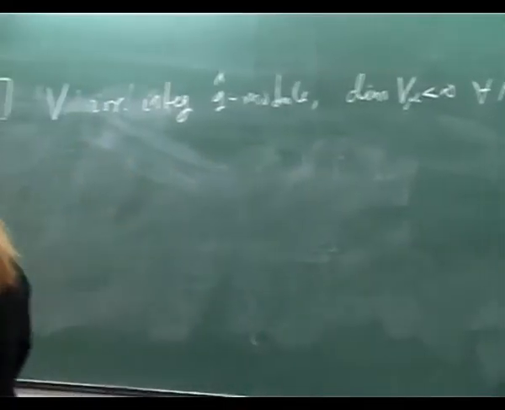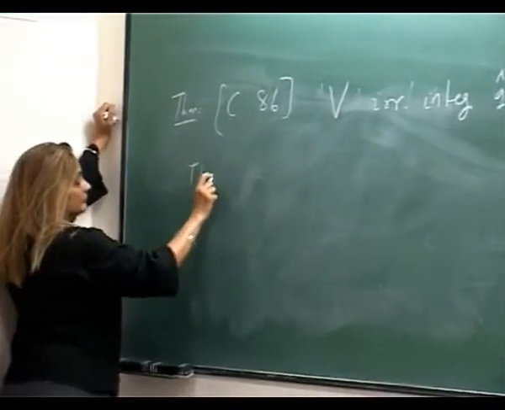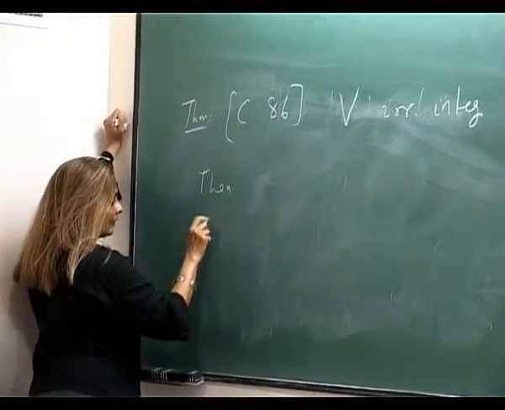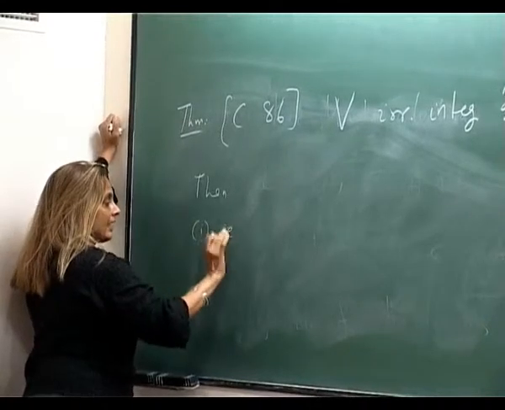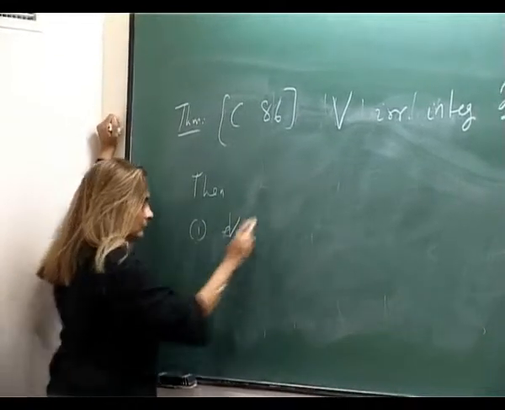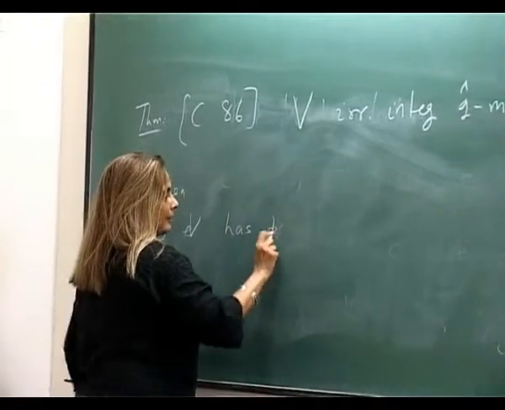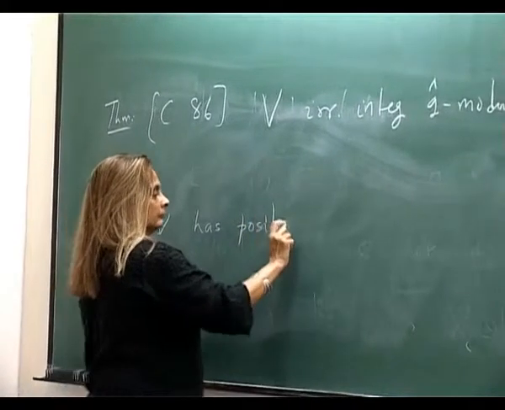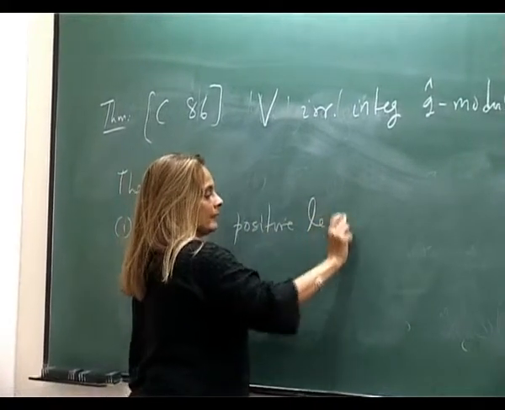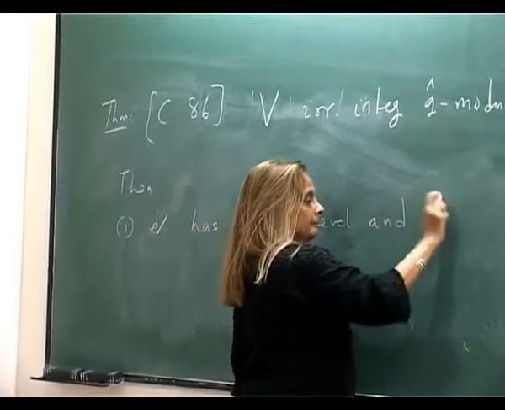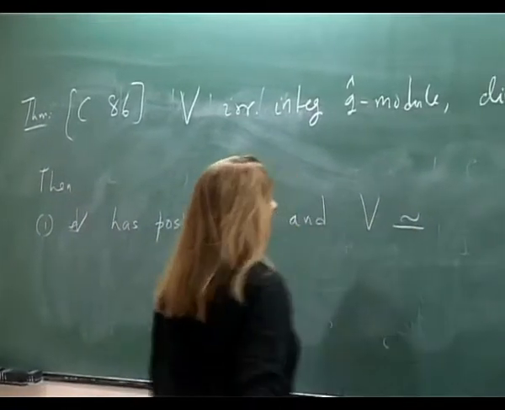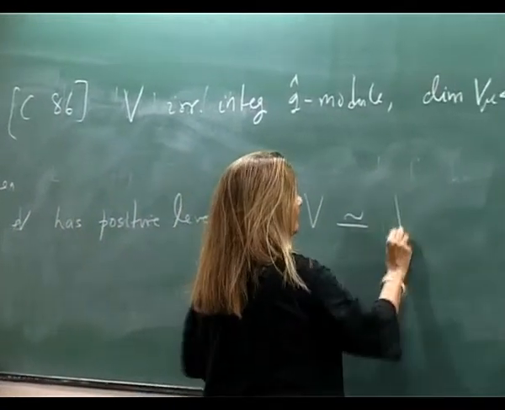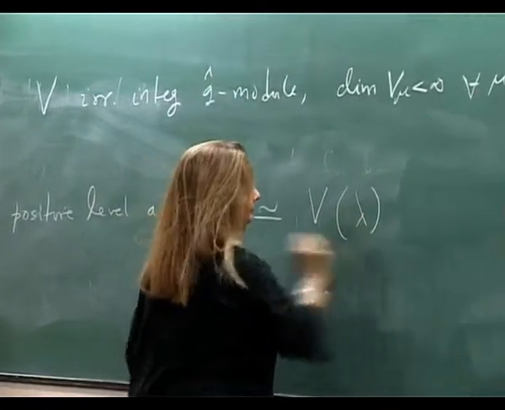Then one of the following must hold. Either V has positive level, and V is isomorphic to what we were calling V lambda.